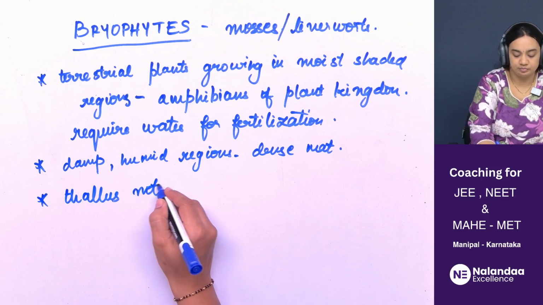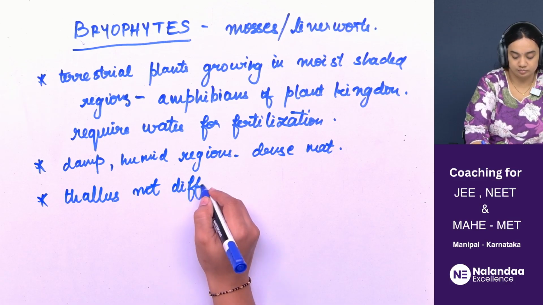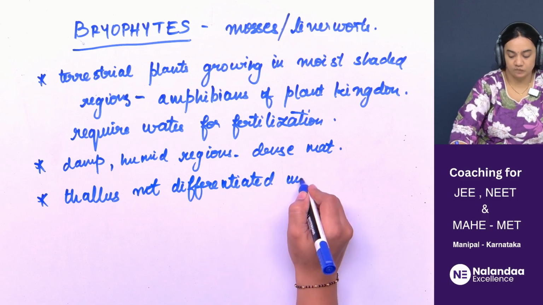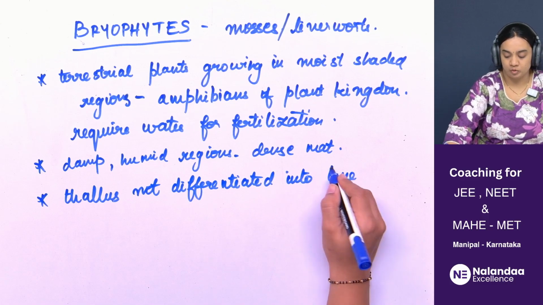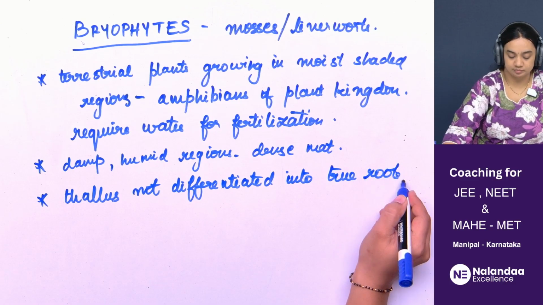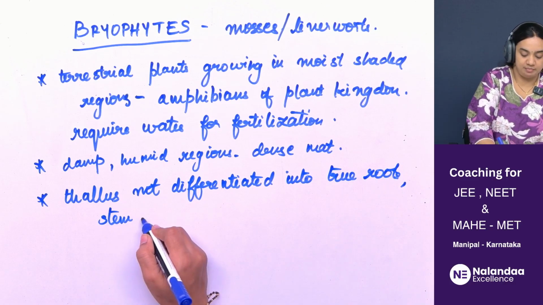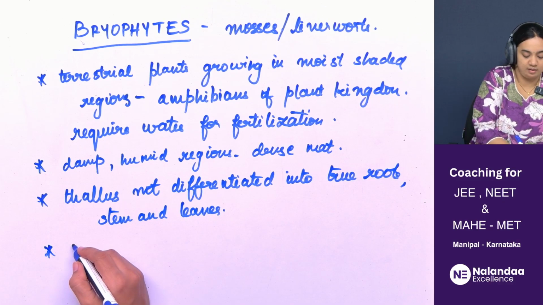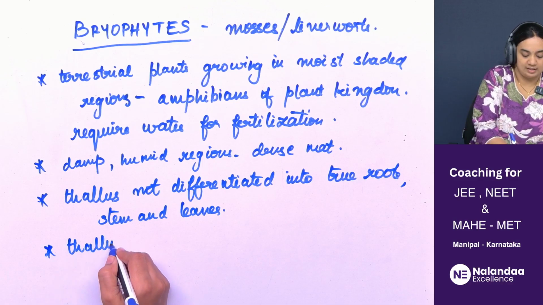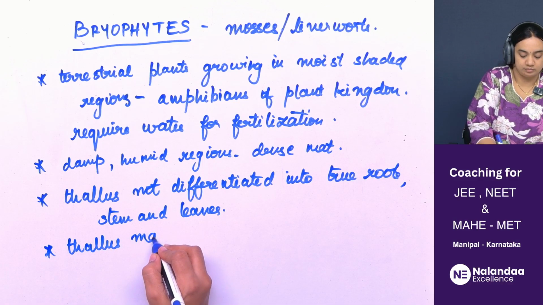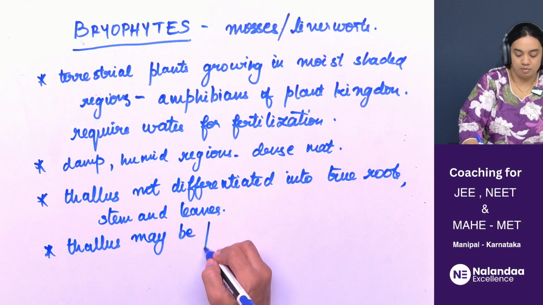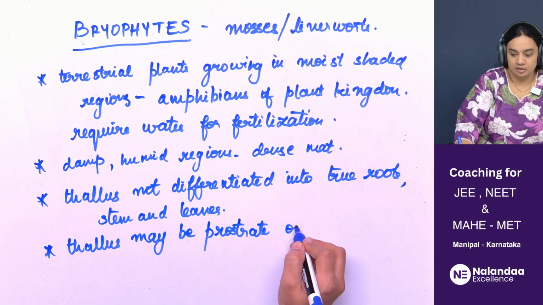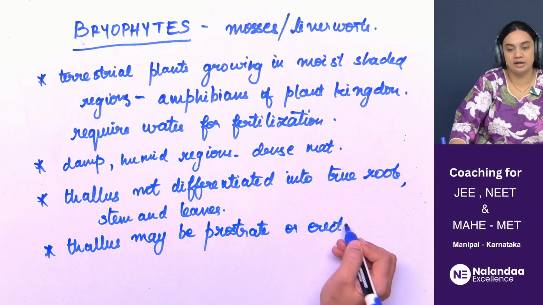Thallus not differentiated into true roots, stem and leaves, and the thallus may be prostrate, creeping on the substratum, or it could be erect.